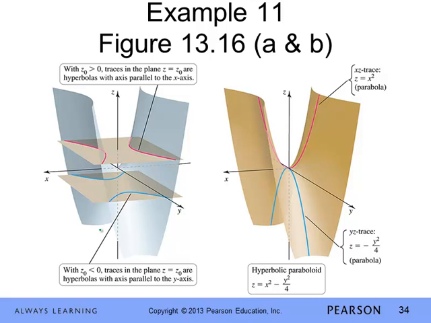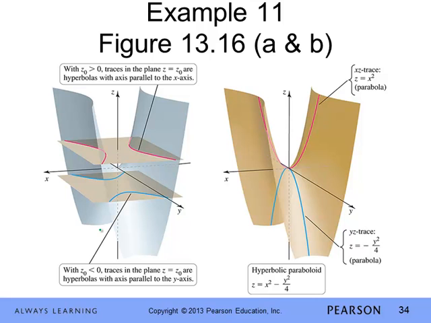So again, if you were just given the equation and you don't know what the graph looks like, set z equal to 0. x and y would have to be both 0 in order to satisfy z being equal to 0. But for other values of z, you would have hyperbolas. If z is positive, you'd have hyperbolas that look like this. For negative values of z, you'll have hyperbolas that look like this.